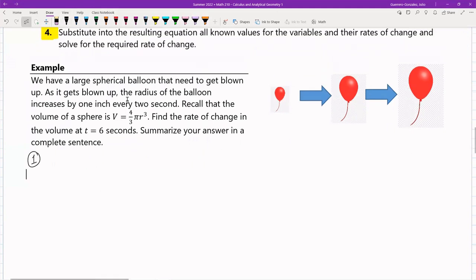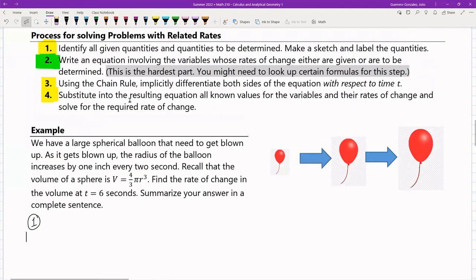So step 1 is to identify all the given quantities, what is to be determined, and make a sketch and label stuff if possible. So we want to find the rate of change in the volume at t equals 6 seconds.